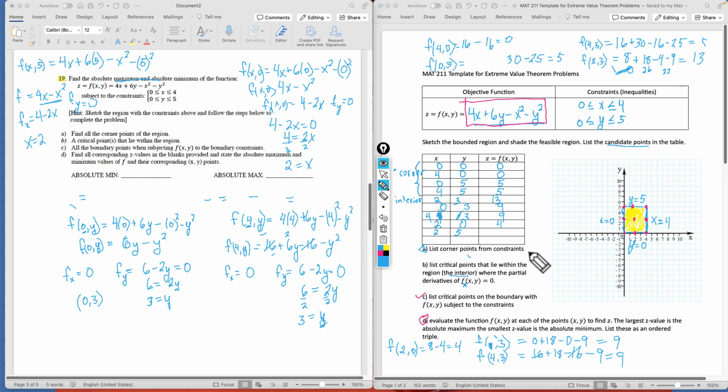And then we plug in 2, 5. So 2 for x, 4 times 2 is going to give us 8. 6 times 5 is going to give us 30. 2 squared is 4, so that's minus 4. And then 5 squared is 25, so that's minus 25.